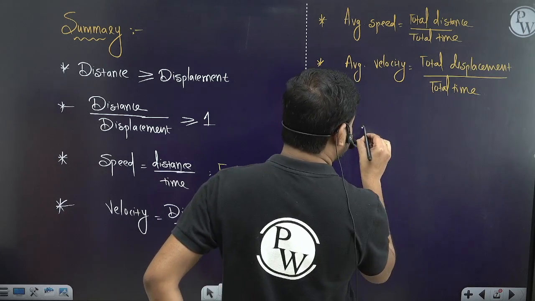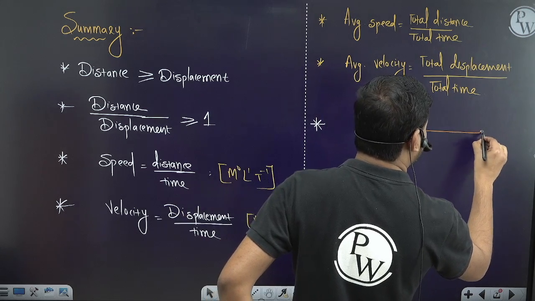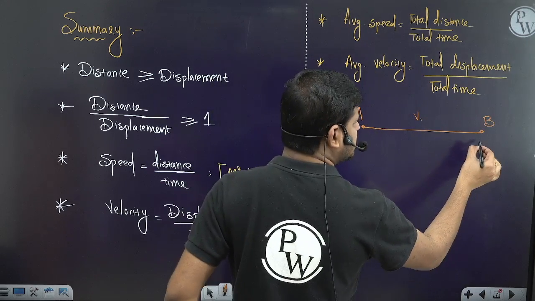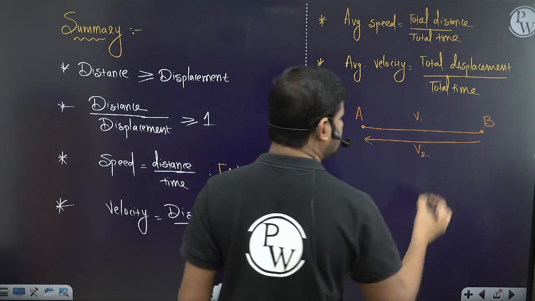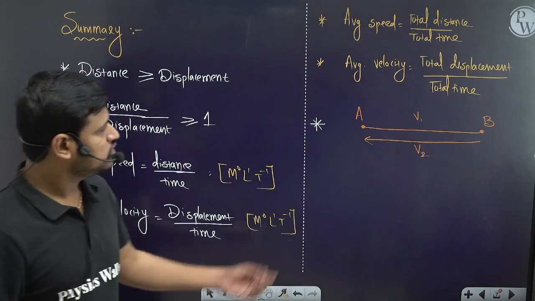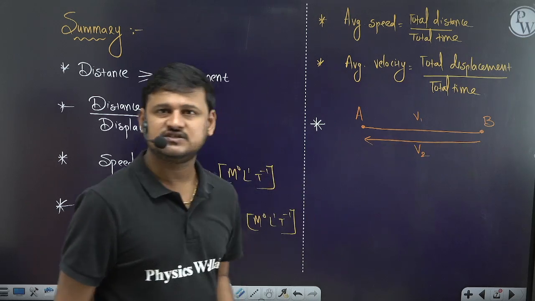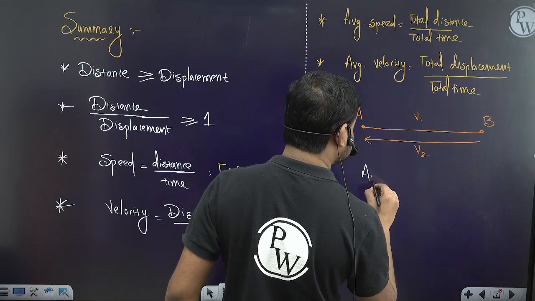Let's suppose a body starts from point A and reaches point B with a velocity v1, and then in the return journey it covers with a speed of v2. While going, its velocity is v1; while returning, its velocity is v2. In this case, what is the average speed?